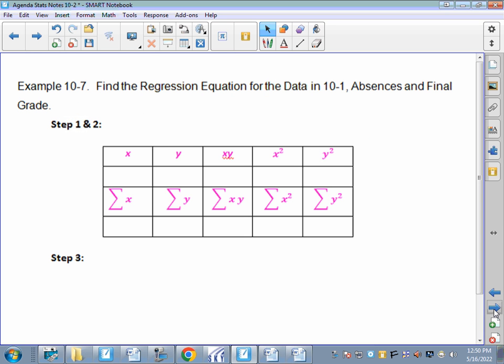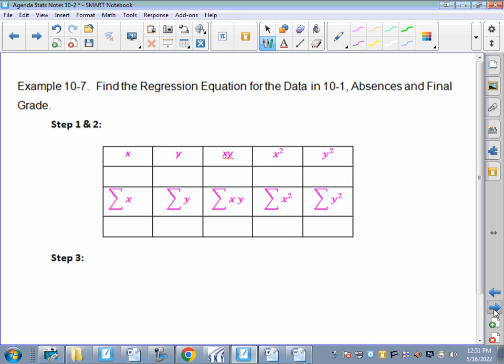So let's go back in time to section 10.1a. We did an example, and I'm pretty sure we made a scatter plot about the number of absences and is there a potential relationship with the final semester grade. And I'm pretty sure that our scatter plot showed a negative relationship.